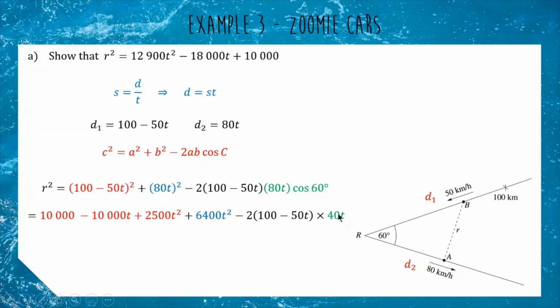I'm just going to put that 40t at the front with the minus 2 to make it a minus 80, and now we'll just expand this bracket out by multiplying both terms inside by 80t. And we get this.